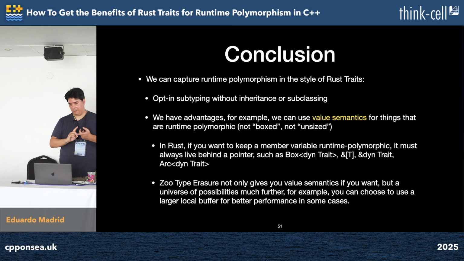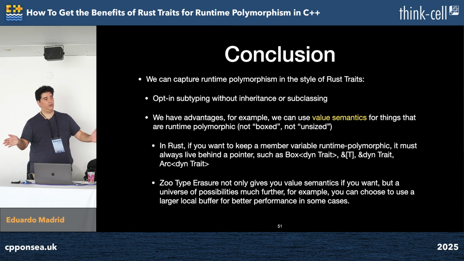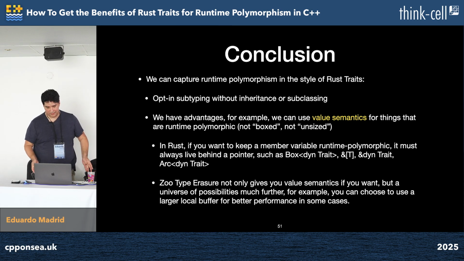There are resources like Box, Arc, dyn Trait, etc. And all of them have referential semantics, not value semantics. But type erasure already by stock gives you value semantics that you can use. You have the choice to use it and never downgrade the quality of your code to referential semantics.